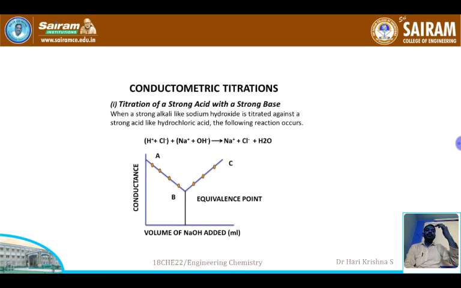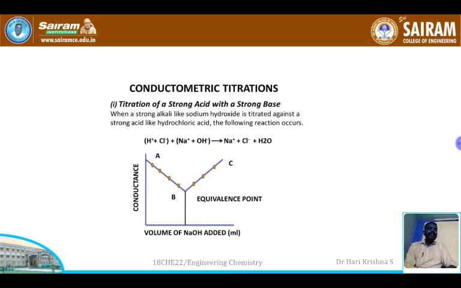So from 100 it will become 90, 80, 70, 60, 50, and gradually it will become 0. There is no change in color here, so you are supposed to know only with respect to conductance. When the entire HCl gets neutralized and you add more NaOH, the extra NaOH remains in the beaker as Na+ and OH-.